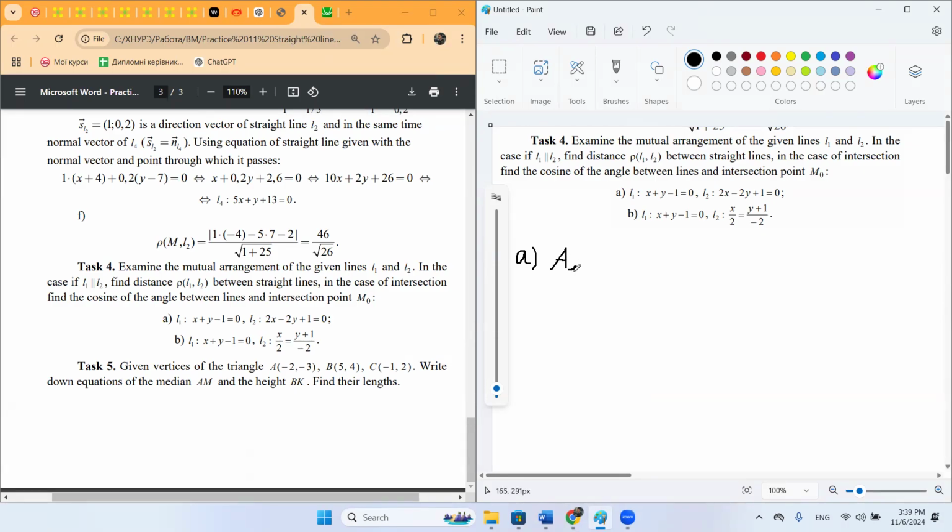First, A1 by A2 equals 1 second. B1 by B2 equals 1 by -2.